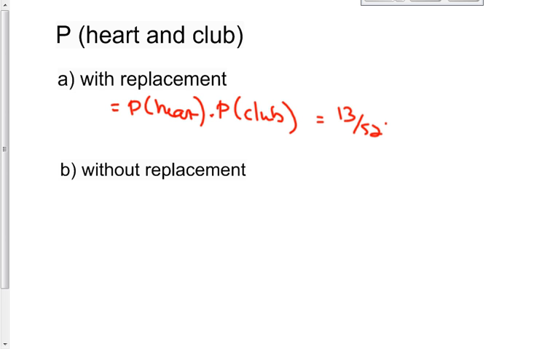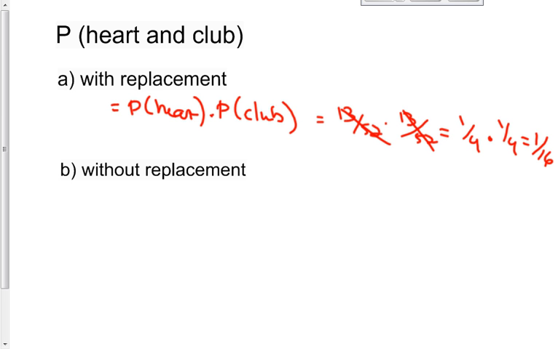I look at that heart, I put it back in the deck. Now I draw a new card. How many clubs are in your deck? 13. Do we still have 52 once I put that card back in the deck? Yes, we do. And how do each of these reduce? 13 over 52 is 1/4. We have another 1/4. Answer 1/16 for my probability.